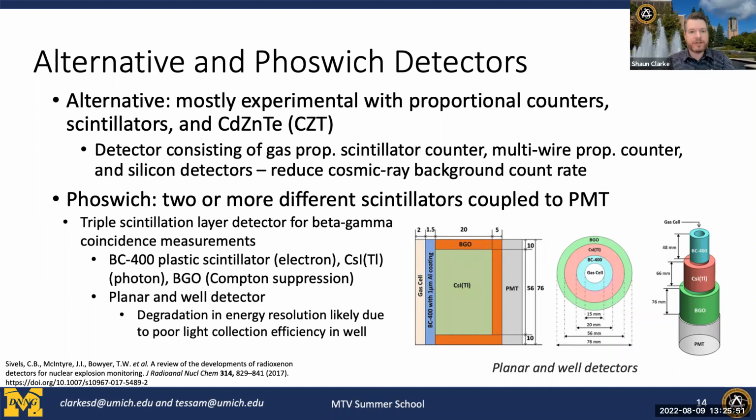So CZT has good potential in this area for those reasons. The problem with CZT is it's also kind of expensive. So most of the CZT detectors that exist are on the order of a centimeter or so. So they're still quite small. So efficiency can be an issue, but definitely a promising material.